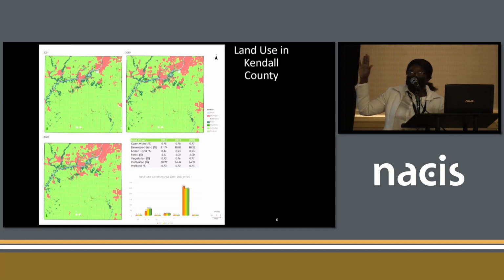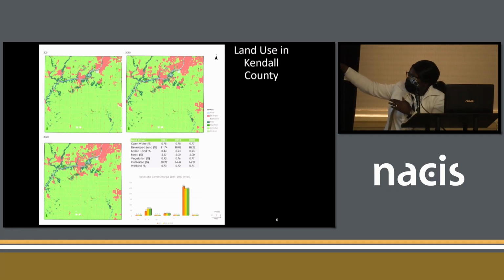Moving to the next one in 2010, we can see that the orange color is extending, showing that urban land is gaining ground and increasing. I also showed the categories of land and their extent in terms of percentage in the table, and right below it is the map. Right below that is a graph showing changes over the years.